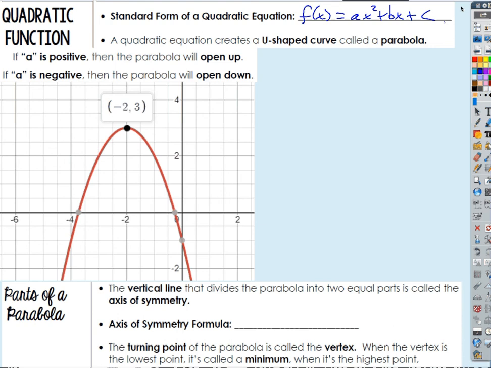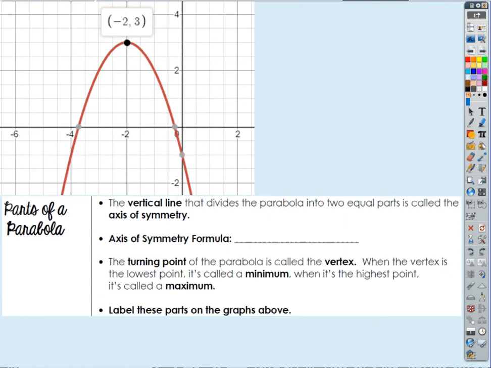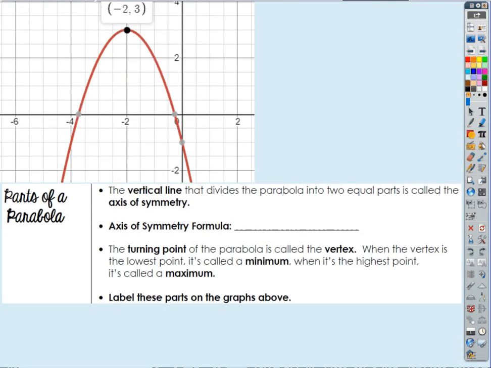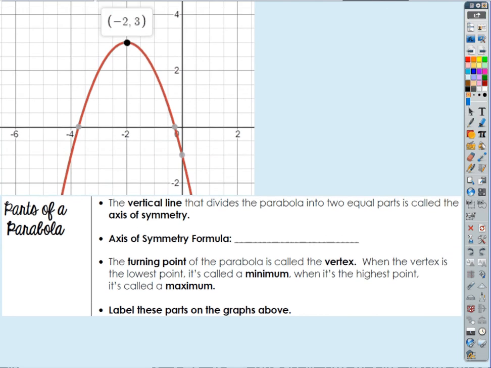If we want to talk about the anatomy of a parabola, what are the parts that we're interested in? We've got the line of symmetry, that even symmetry we spent a little time talking about about a week and a half ago. The line of symmetry is the vertical line passing through the parabola that allows us to reflect the parabola onto itself.